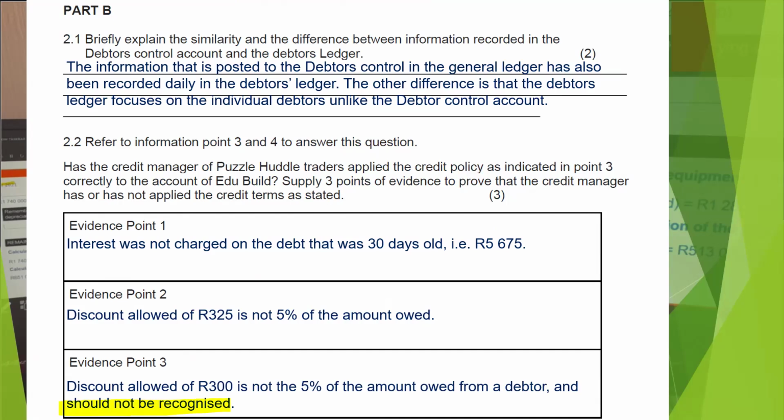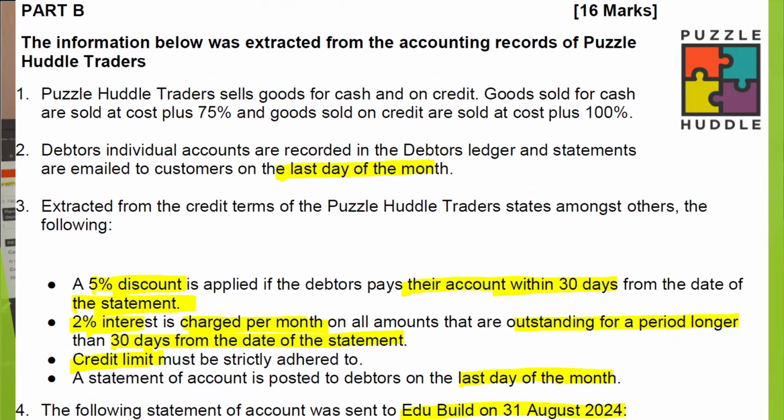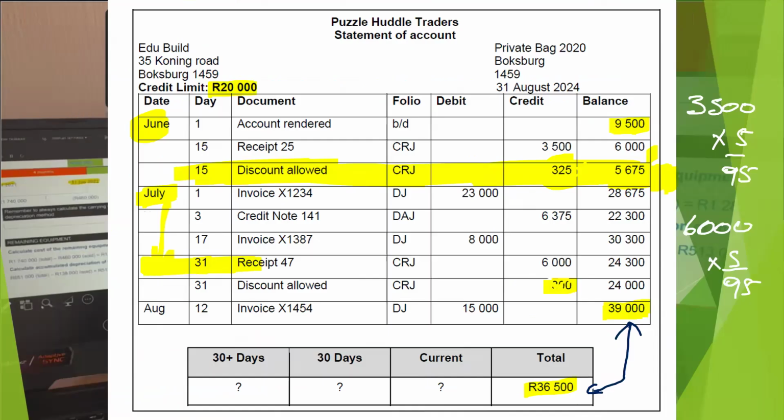Question is, why did I say should not be recognized? When you read the credit terms here, 5% is applied if the debtor pays within 30 days. Note that this 6,000 is paid on the 31st of July. It has exceeded 30 days, so it shouldn't have a discount in the first place.